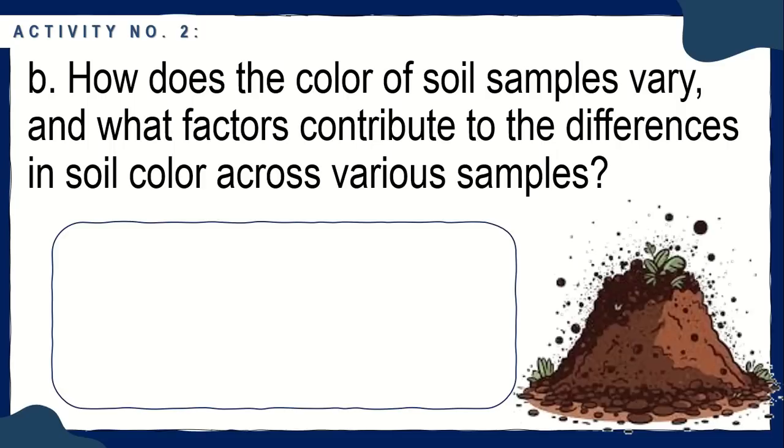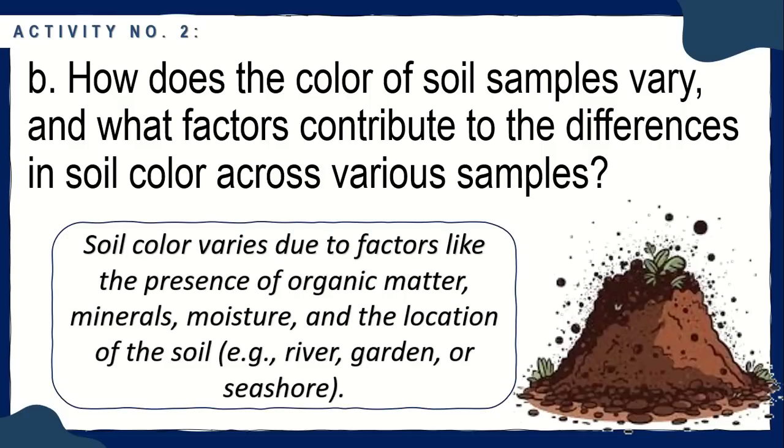And what factors contribute to the differences in soil color across various samples? You're right. Soil color varies due to factors like the presence of organic matter, minerals, moisture, and the location of the soil. Example given: river, garden, or seashore.